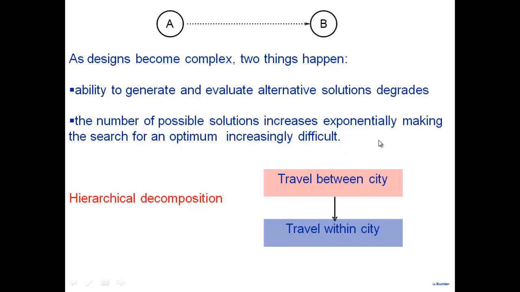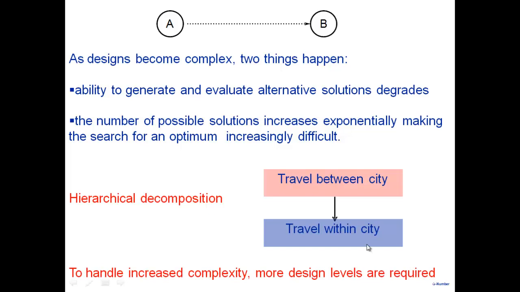So it may become a 3-layer design process. As the complexity of the design increases, the number of design steps also increases. And hierarchical decomposition is a technique that we commonly use to manage complexity. And so more design levels are required here. All right.